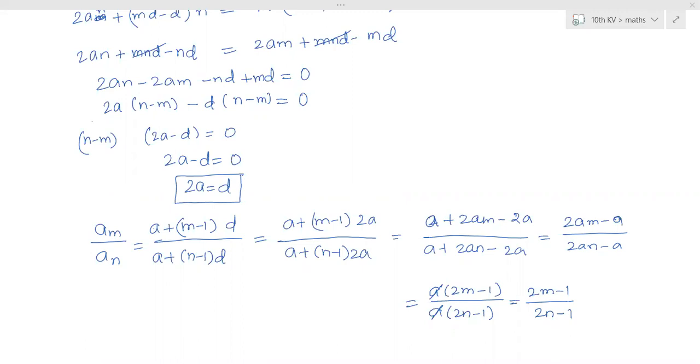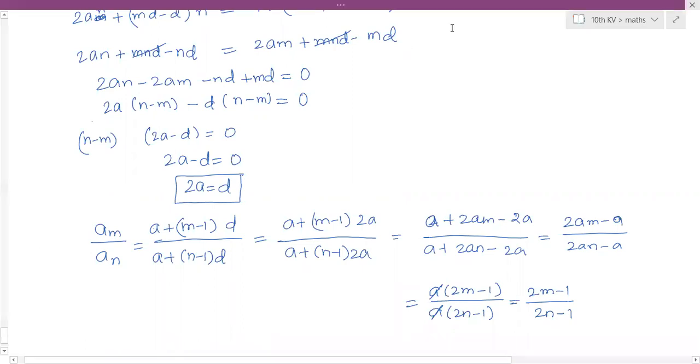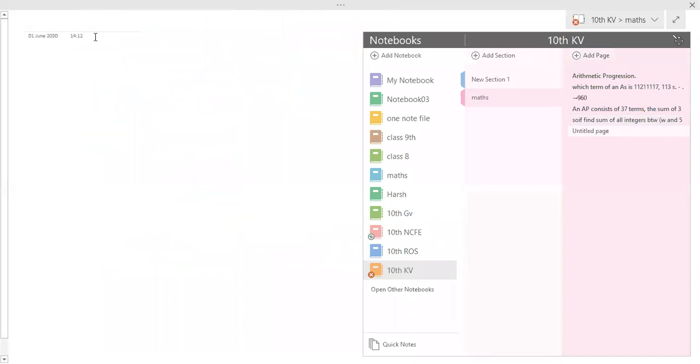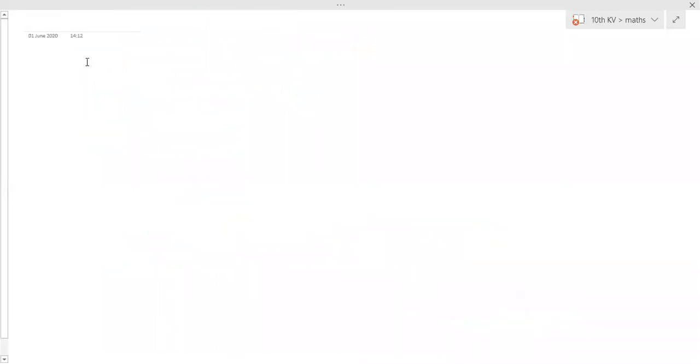Okay, but fine. I will explain what the completing square method is, and in that way how the quadratic formula comes about. Suppose you have a question like 2x square minus 7x plus 3.